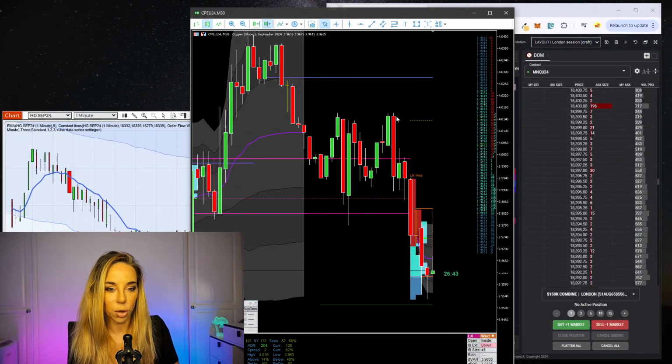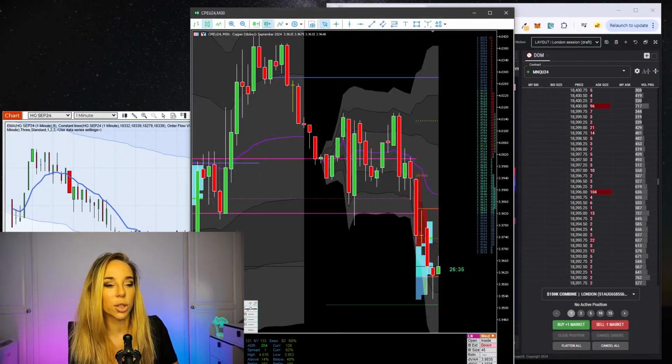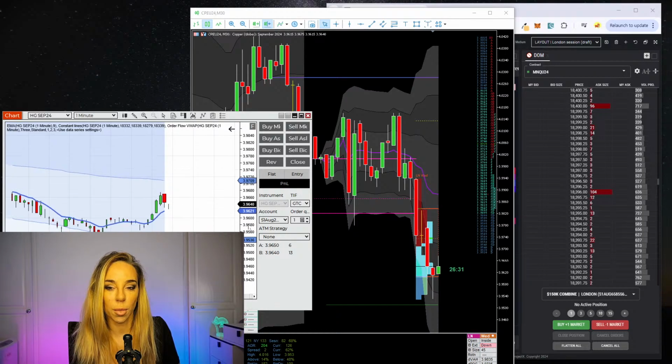Okay, so copper, let's do the overnight VWAP because that's what I've got on the other thing. It shouldn't be that different. It should be within a few ticks, which shouldn't really matter all that much.